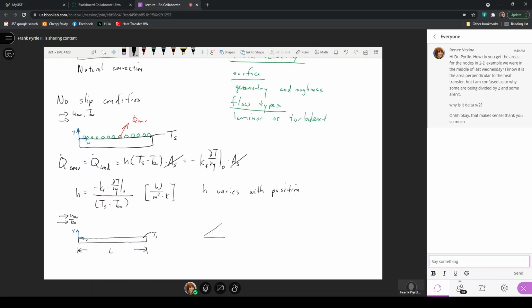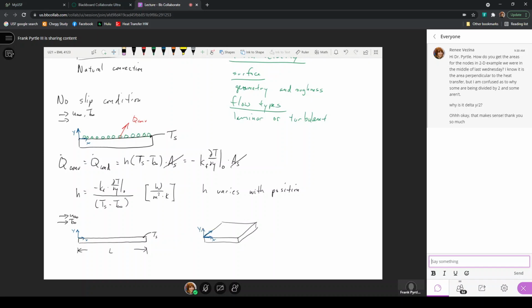Or if I wanted to draw this plate with a similar coordinate system, here the y direction is upward away from the plate. Here's the x direction, and here is the z direction.